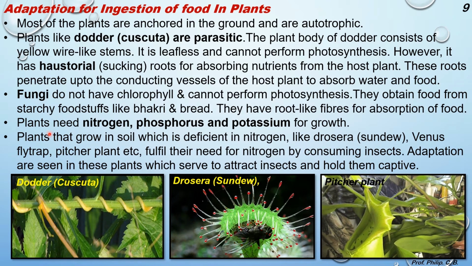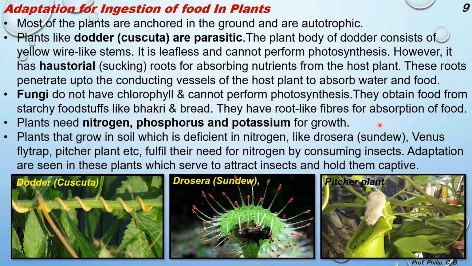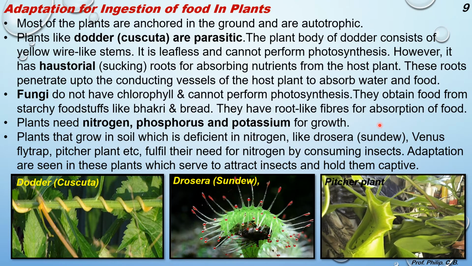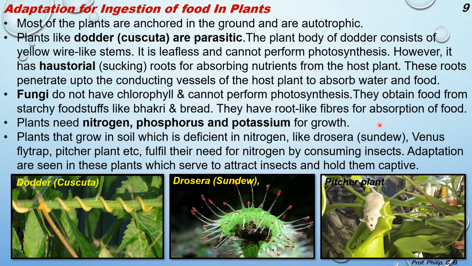Okay, then plants need nitrogen, phosphorus, potassium for growth. Now remember these terms. Nitrogen, phosphorus, potassium. In chemistry it is nitrogen N, phosphorus P, and potassium is K actually. So these three components are very, very important for plants.